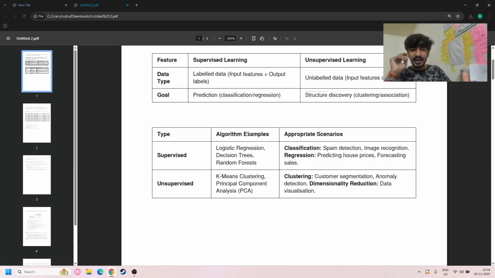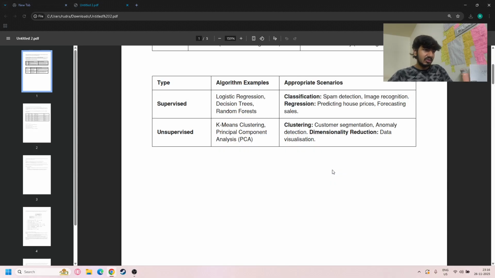So in what kind of scenarios are we using these? For supervised learning, we use it in spam detection or image recognition for classification purposes, and regression for predicting something like sales, numeric values, house prices. And for unsupervised learning, we use it for differentiating data and for data visualization.